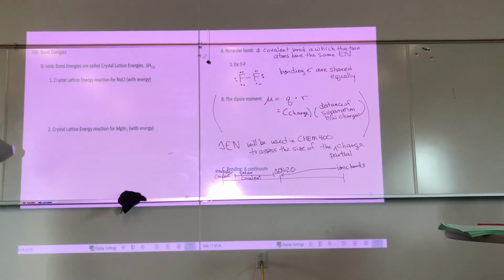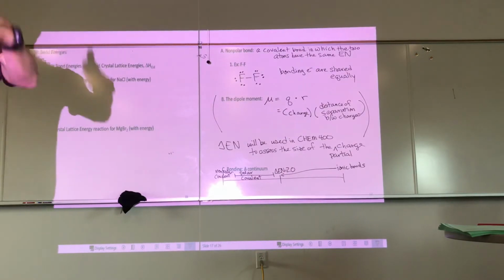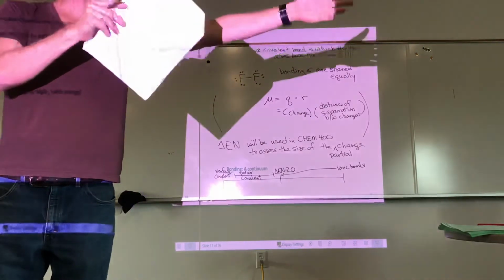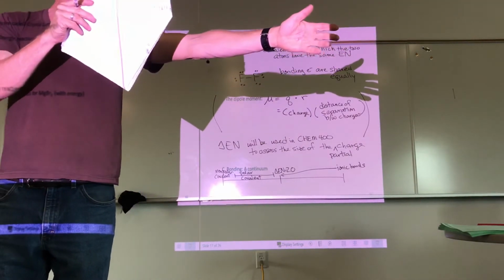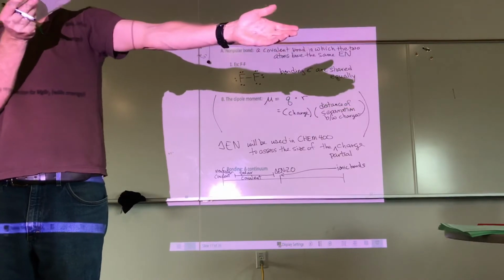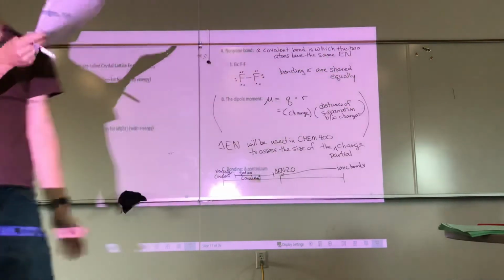Now, the crystal lattice energy reaction for sodium chloride has a specific reaction type. Do you remember the ionization energy reaction? It went sodium gas goes to sodium plus 1 gas plus 1 electron. That was what was called an ionization energy reaction. Sound vaguely familiar? I don't know.